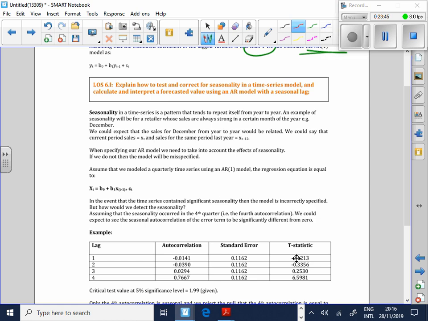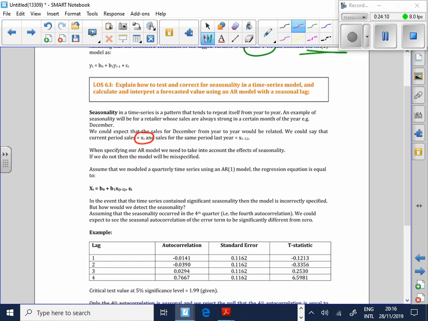If there is seasonality, guys, look how your data will change just a little bit. Because remember, let's say I want XT to be my December sales. What's the best thing to compare to if I'm using monthly data?